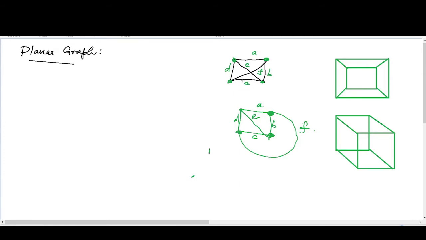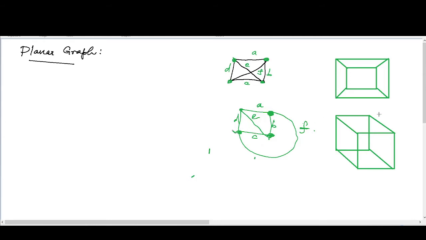So, we can draw the edge F in this way. In order to avoid the intersection, we redraw that edge as in figure 2. Now there is no crossover here, so this graph is a planar graph after redrawing.